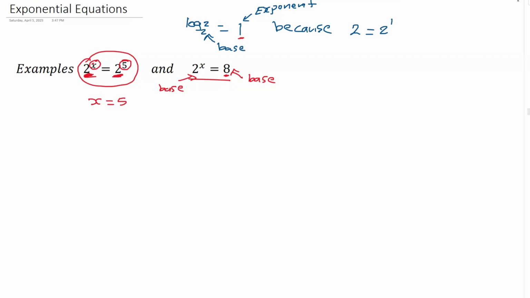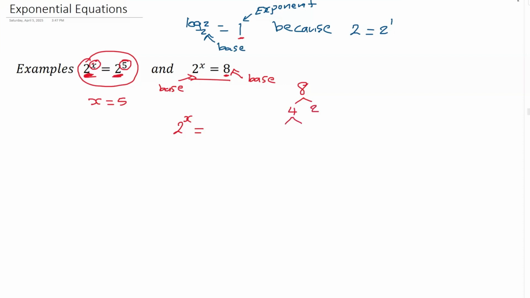All right, so let's rewrite the equation here. 2 to the x is equal to 8. We want to rewrite 8. So what does 8 equal? Well, you can break 8 down into a product of primes by just dividing: find any two numbers that multiply to give you 8, for example, 4 and 2.